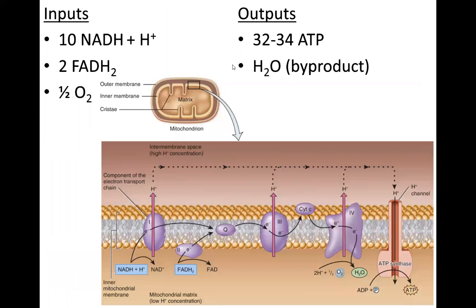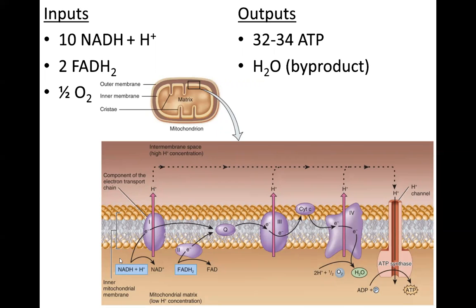You may have noticed in the video, and it does show it here as well, this electron and hydrogen carrying vehicle is bringing those electrons and hydrogens to complex 1, this one right here. Whereas FADH2 comes farther down the line at the second complex. And why does this matter?